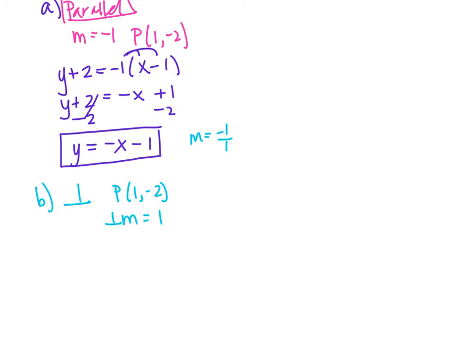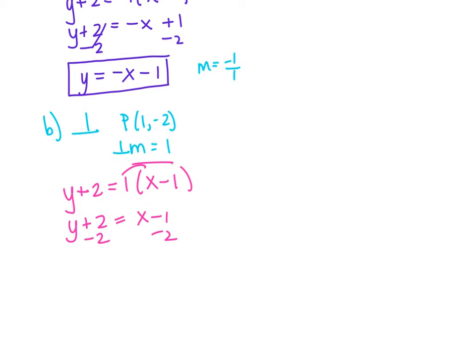So we write our equation, y plus 2 equals our slope of 1 times x minus 1. Distribute that 1, which really doesn't change that, so y plus 2 equals x minus 1, and then subtract 2, and we have y equals x minus 3.